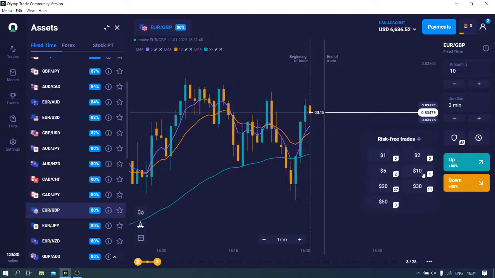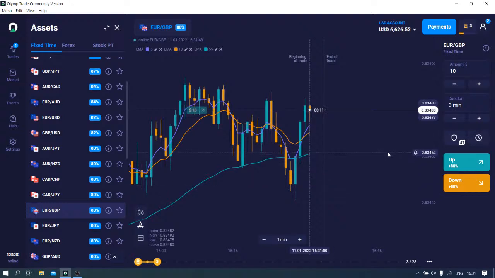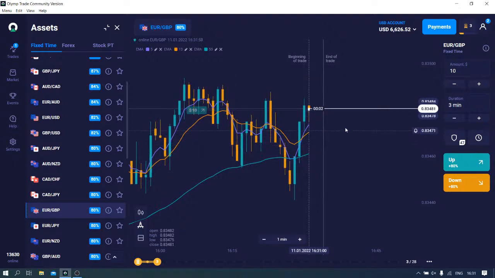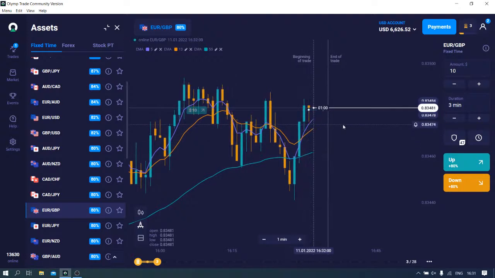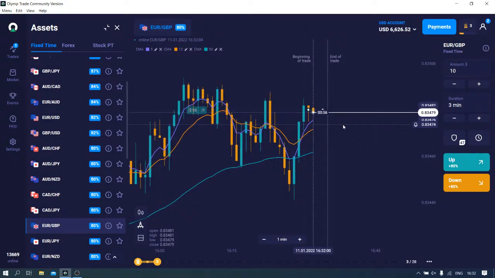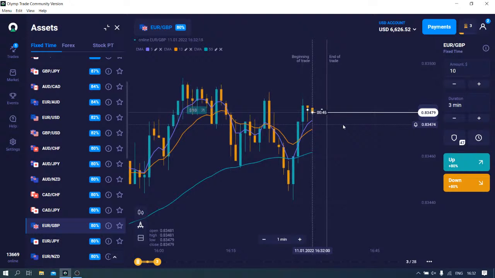Since this is a risky asset, let me activate a $10 risk-free trade, and I've opened this deal in an upwards direction just to see what will happen after 3 minutes. Because if there was no risk-free trade, I would have thought multiple times before opening a deal on this asset, just because of its current conditions.